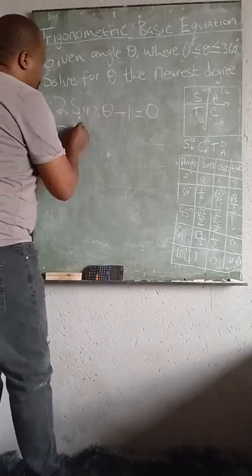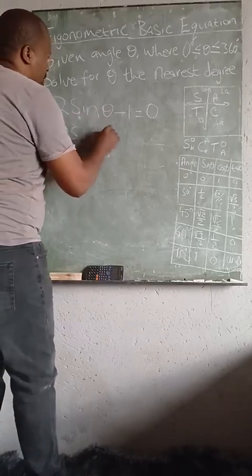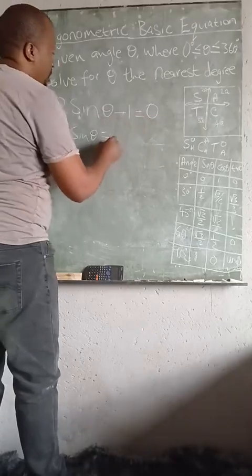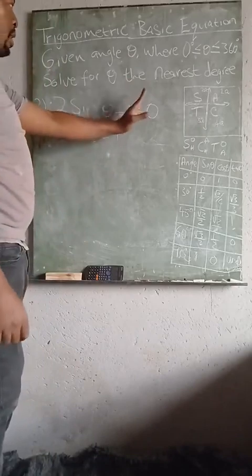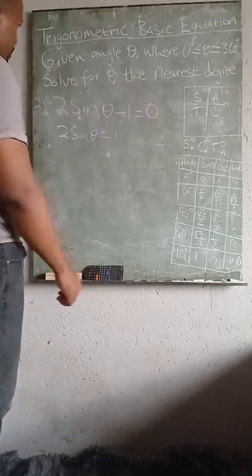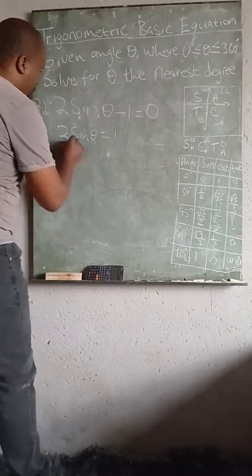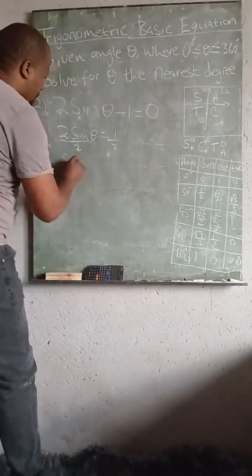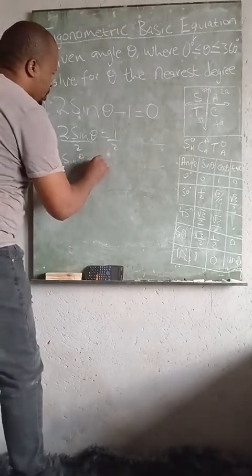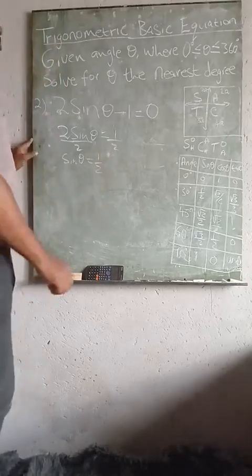We are going to have 2 sine theta equal to positive 1 when you transpose that, or you add 1 to both sides. So we are going to divide by 2, meaning the sine theta is equal to 1 over 2.